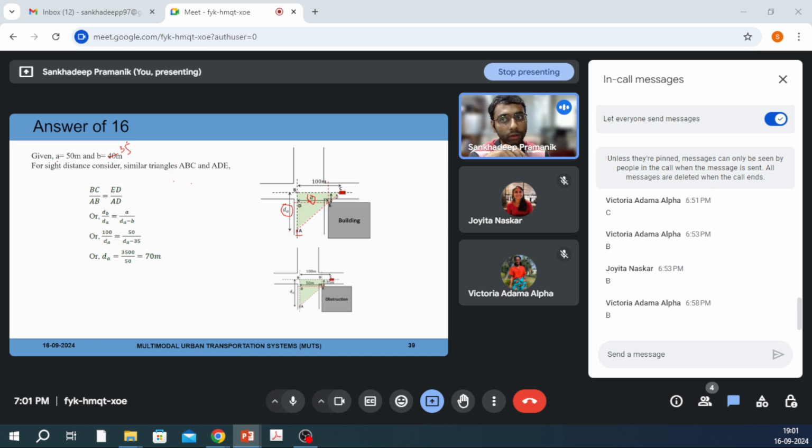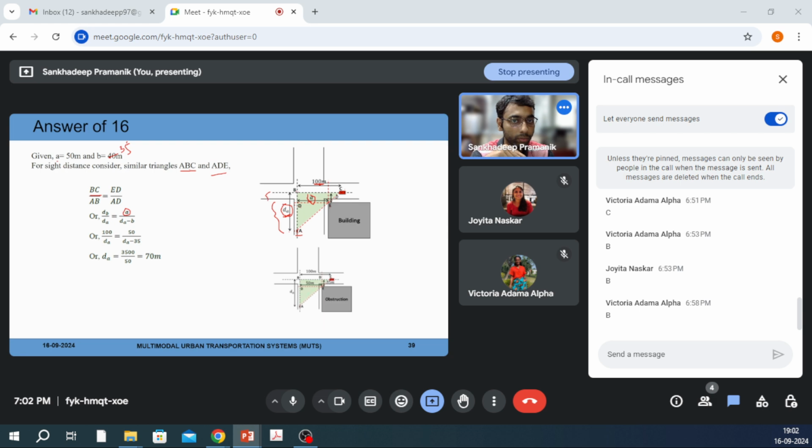So from the similar triangles ABC and ADE, if we consider these two triangles, BC by AB, so BC is this total distance, which is 100 meter, and AB is the dA distance which we need to calculate for this triangle ABC, and for ADE the distance is ED, which is A, that is given, and AD, this portion.